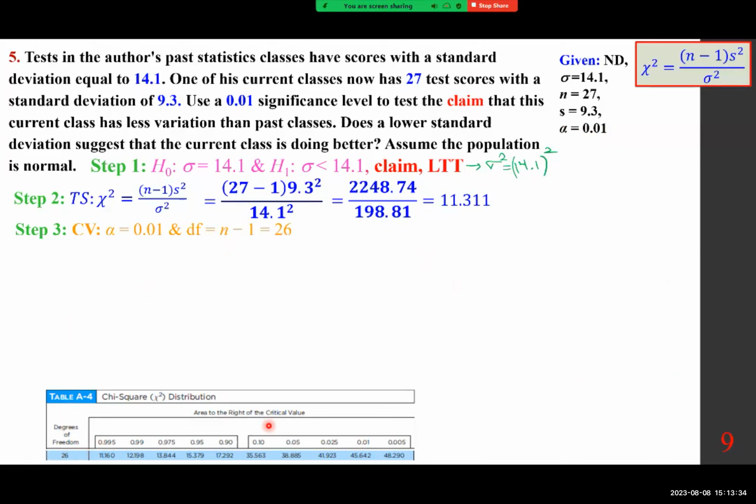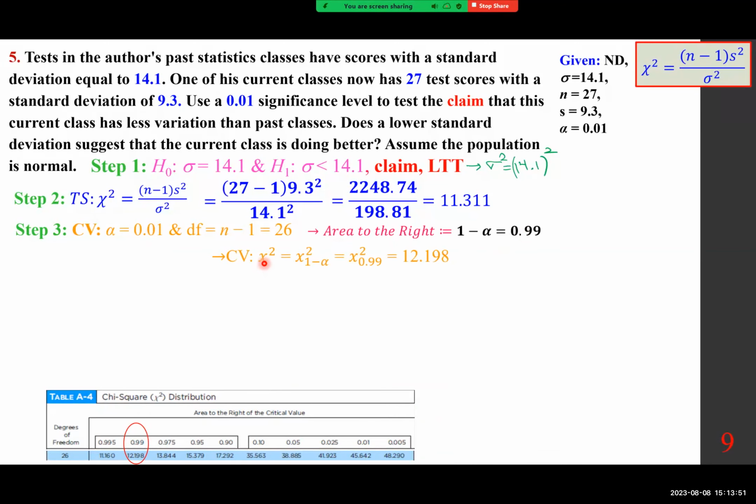Then at the top, you look for 1 minus 0.01, or 0.99. Area to the right is 0.99. You find the answer and put it there. So the critical value is chi-squared of 1 minus alpha, or chi-squared of 0.99, which is 12.198.